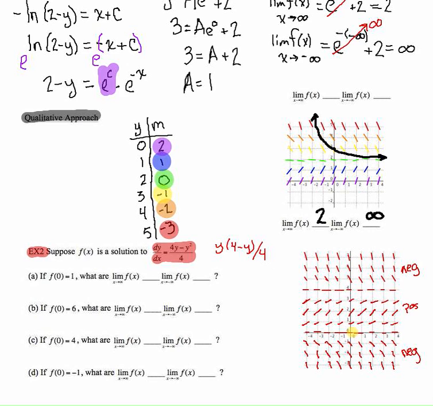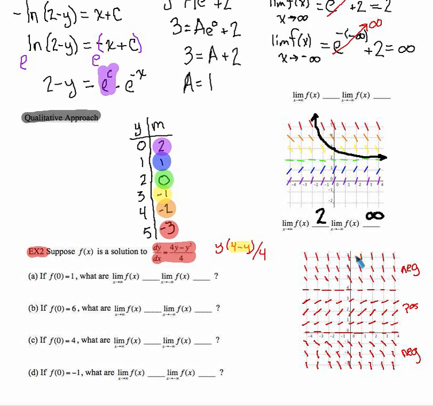If y is greater than 4, then what's going to happen is that the numerator is going to end up being negative, because this part of the numerator will be negative, this part will be positive, so you'll get a negative slope, and then the larger y is, the steeper the slope gets.